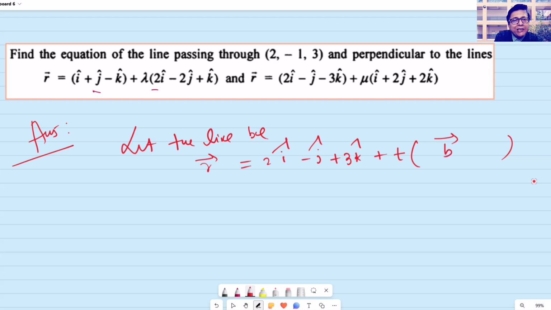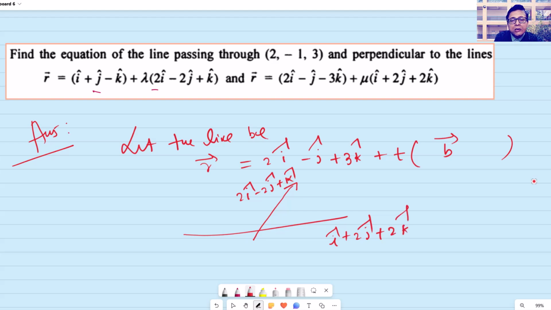Now this b is perpendicular to these two vectors. Which two? First line along this, I am taking longer just for your understanding. Second line along 2j plus 2k. So this is like the b1 vector and this is your b2 vector.